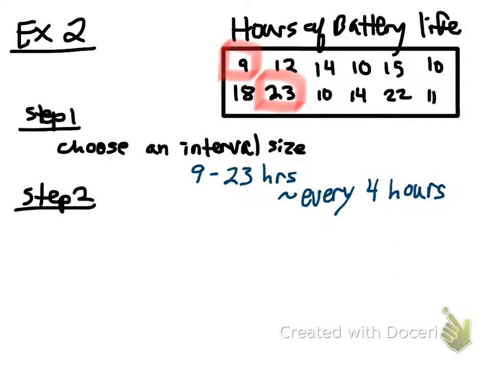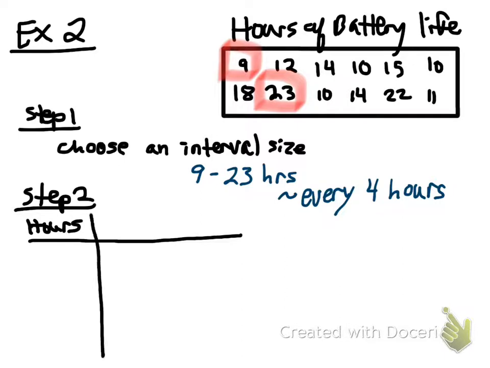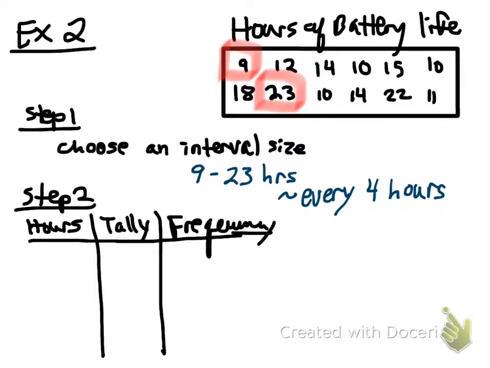If we were to do every 4 hours, step 2 is to make a frequency table. So in our frequency table, we'll put the number of hours that the battery lasted, our tally, and then our frequency. For the hours, the first interval would be 9 to 12, then 13 to 16, 17 to 20, and 21 to 24.